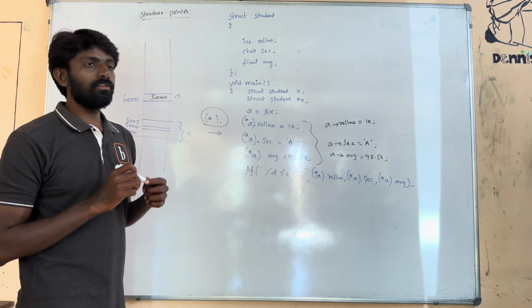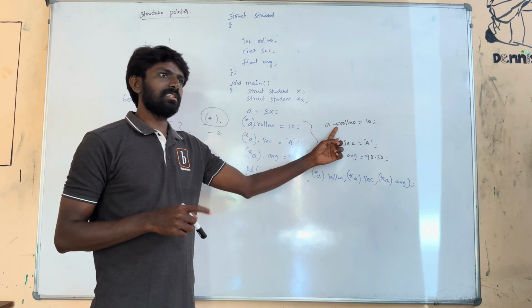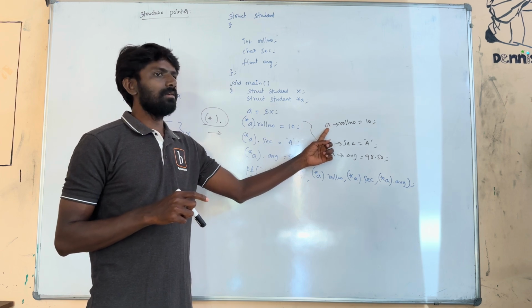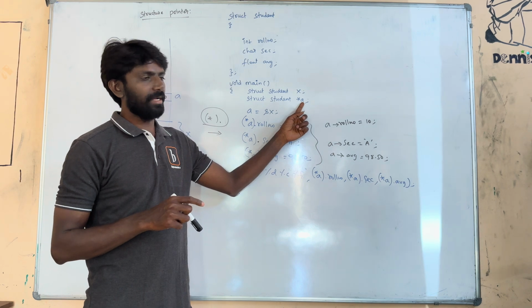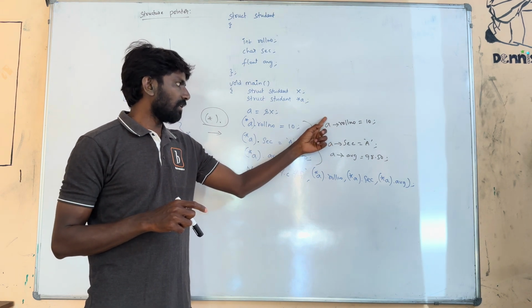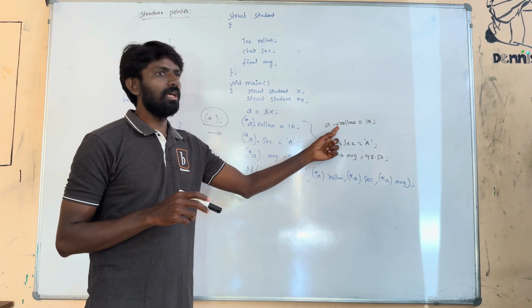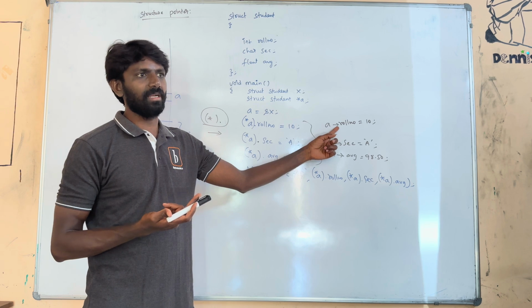One thing you need to remember: whenever you use the arrow operator, make sure the left side one is a structure pointer. Only then should you use the arrow operator. Otherwise, you should not try to use it.